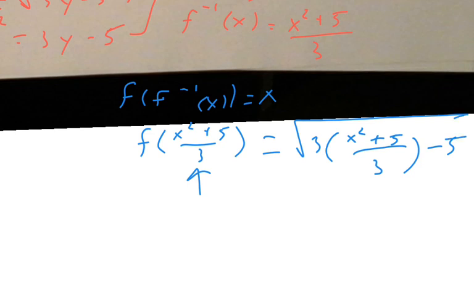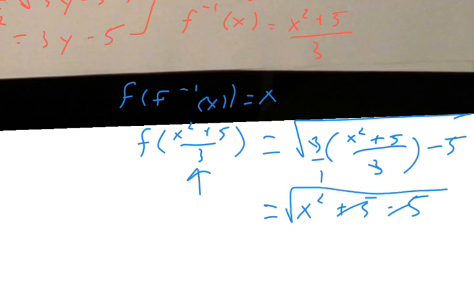Remember, it's all under the radical. And I get that equals. So you can put this 3 over 1, and when we cross multiply, the 3's cancel. So we get x squared plus 5 minus 5. These cancel.